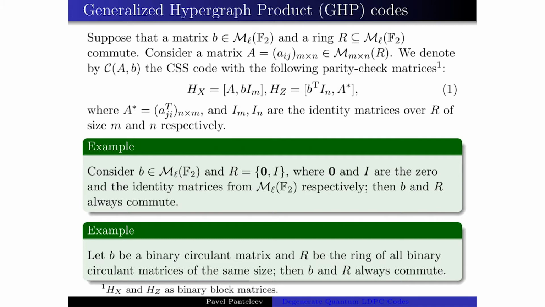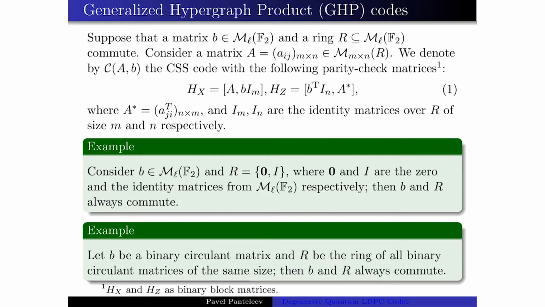And we say that the matrix B and this set R commute if the matrix B commutes with all matrices from R. So we have not two matrices that commute, but one matrix and a number of matrices that commute with this particular one. And then we construct a CSS code in this way. Here A is a block matrix, each block is constructed from A's, and you should remember that the A's commute with B's.